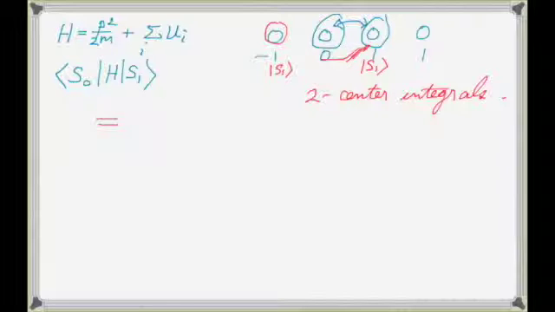So it becomes identical to what we had before, S0, U0 plus U1 over 2, S1.